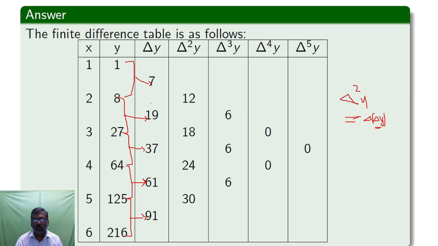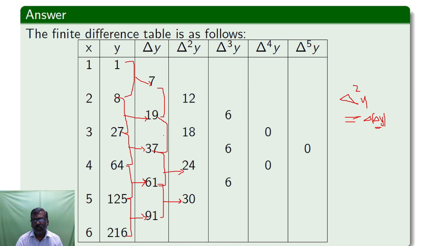So here is the delta y column, and you find the delta squared y like the previous one. 19 minus 7 is 12. 37 minus 19 is 18. 61 minus 37 is 24. 91 minus 61 is 30. Like that you find it.